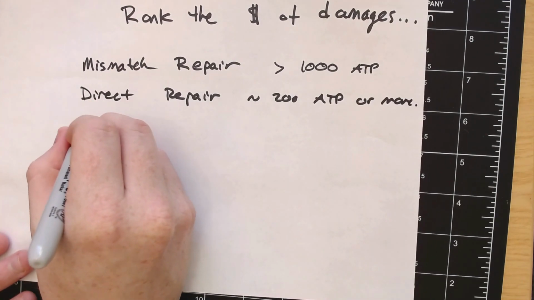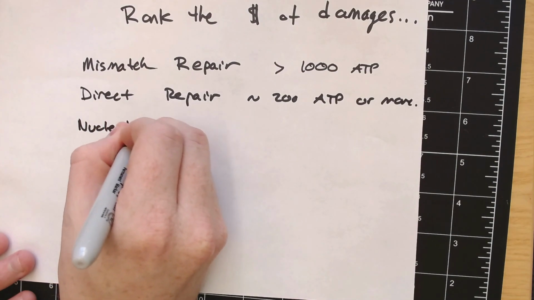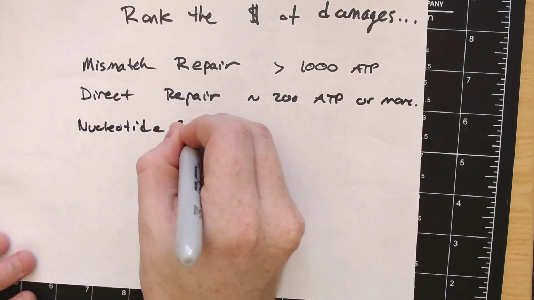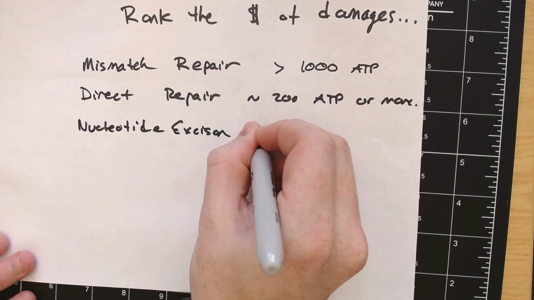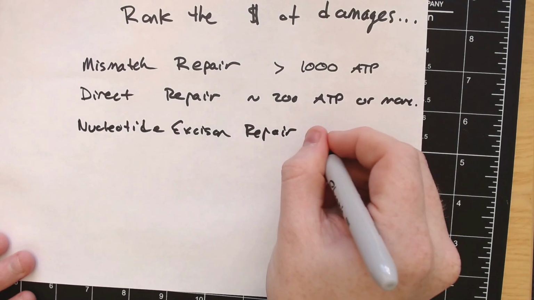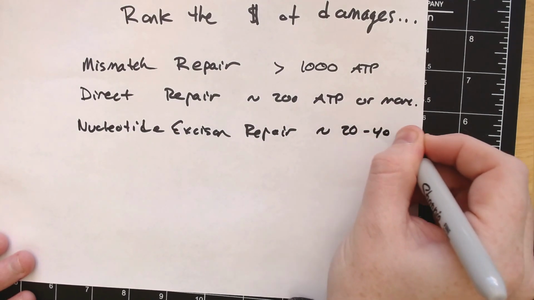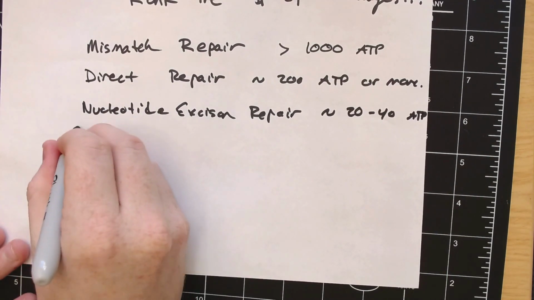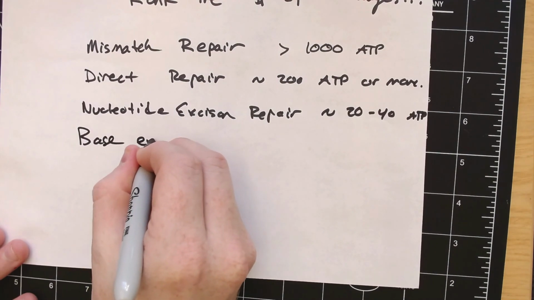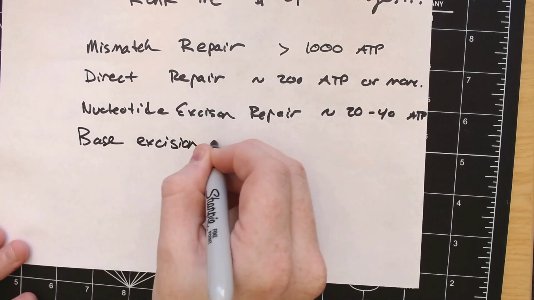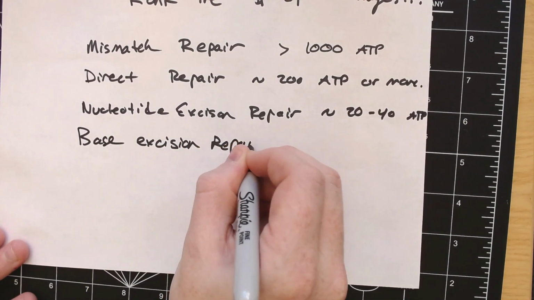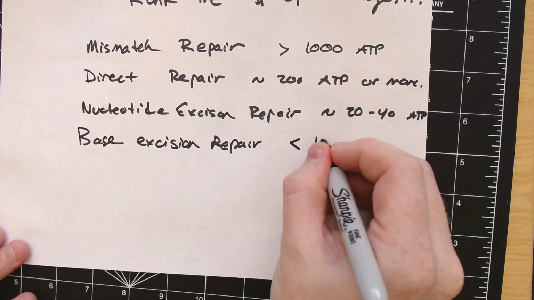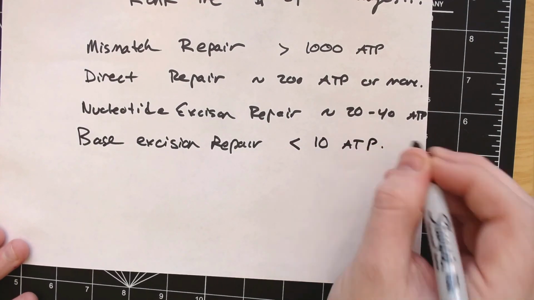Then we found that nucleotide excision repair was on the order of 20 to 40 ATP. And then finally, base excision repair could be less than 10 ATP in some cases.